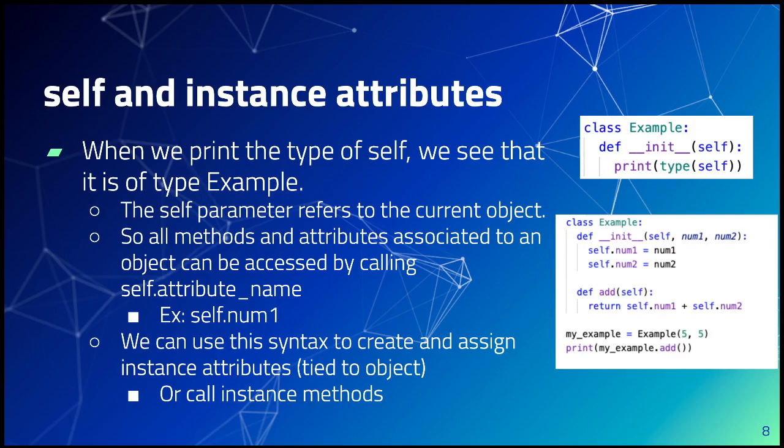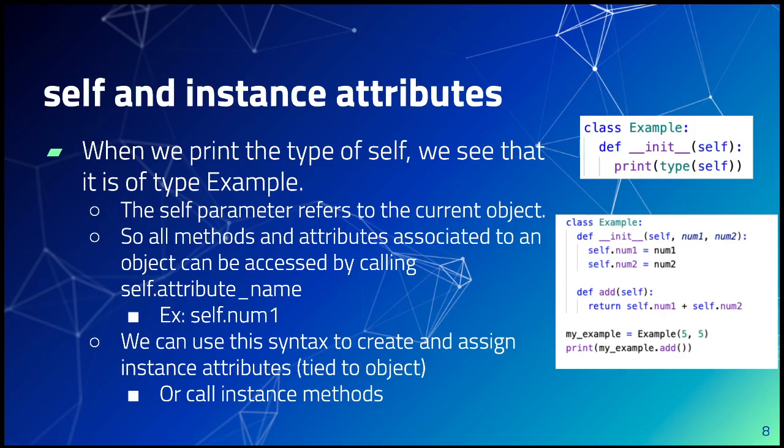And that's the same for these functions, like add. Okay, so unlike with class variables, where we defined them at the same level as all other functions, instance variables or instance attributes are actually defined within the init method. So you could do self.num1 equals num1. Remember that self is actually an instance of example, but it's an object.